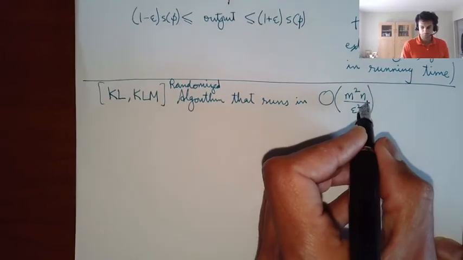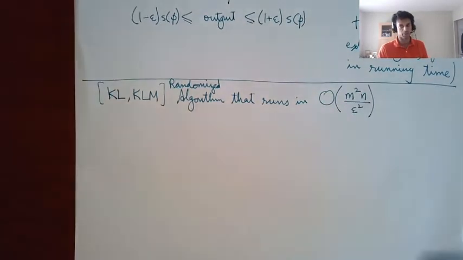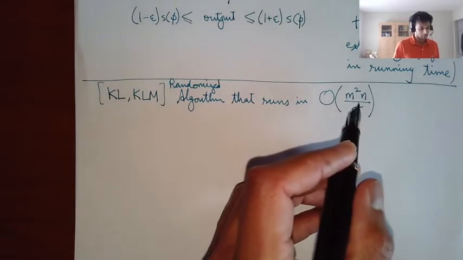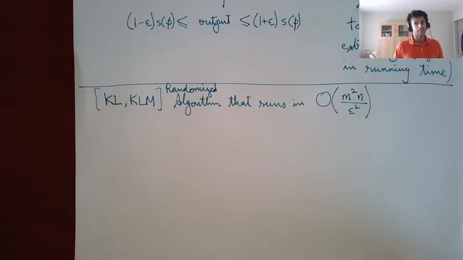Remember, n is the number of variables, m is the number of clauses. So this is the basic algorithm. Then there's a more advanced clever version that actually gets m times n divided by epsilon square, and I'll discuss this once we finish this.